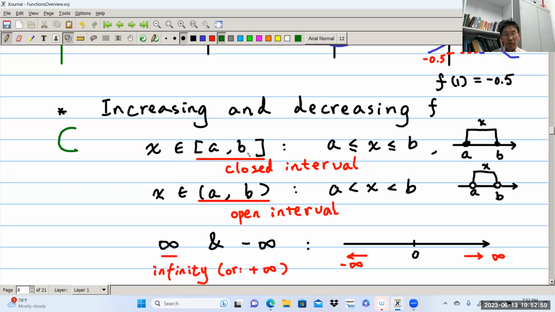Then we have the interval notation. This is called an interval. We use square brackets to include a and b. X is between a and b, including a and b. And if you draw that interval on the number line, you use solid dots for a and solid dots for b.